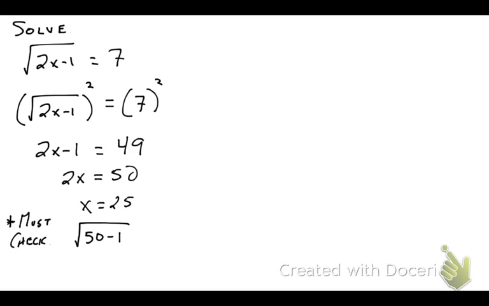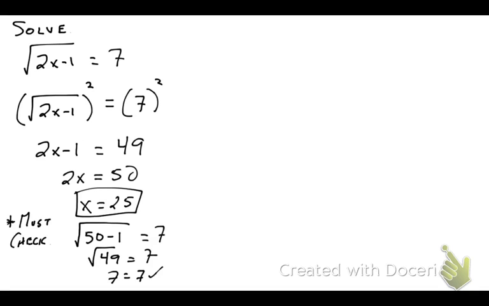And we want to know, is the square root of 50 minus 1 equal to positive 7? Well, 50 minus 1 is 49. The positive square root of 49 is 7. This checks out. So once I've checked it, I know for a fact that x equals 25 is a solution.